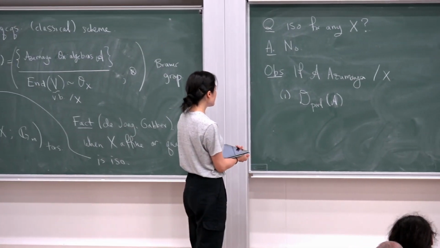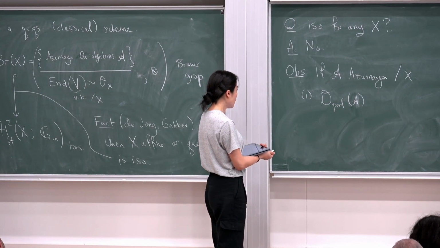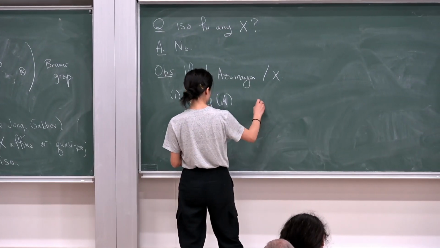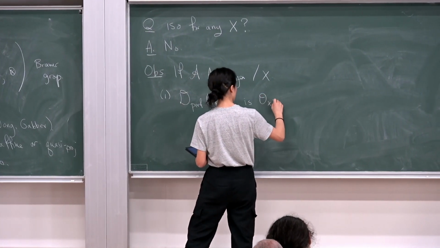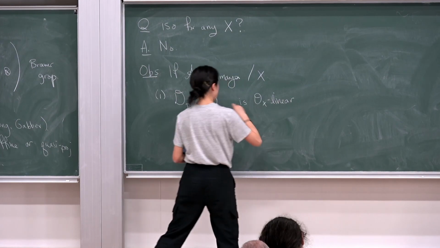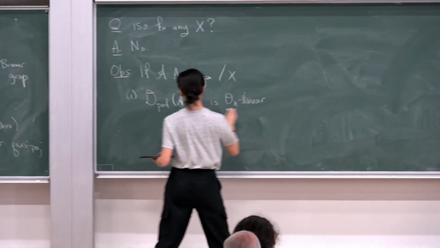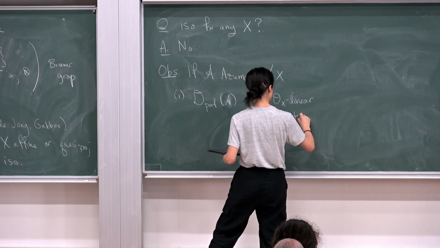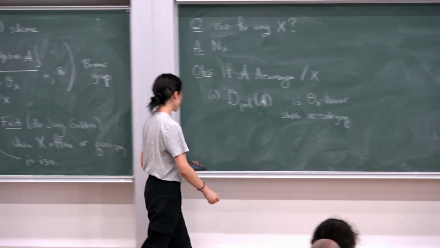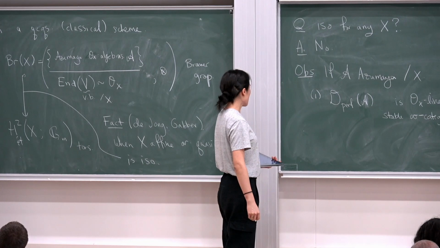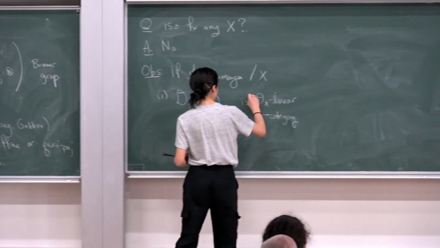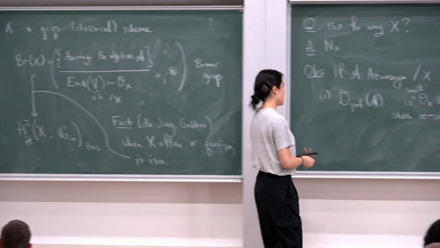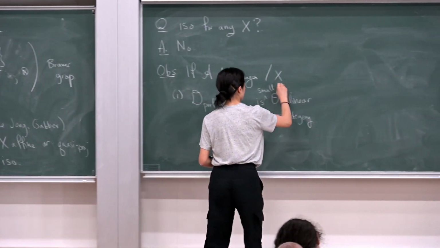This is an OX-linear stable infinity category. Since I'm only considering the perfect ones, this is in fact going to be small, and idempotent complete.